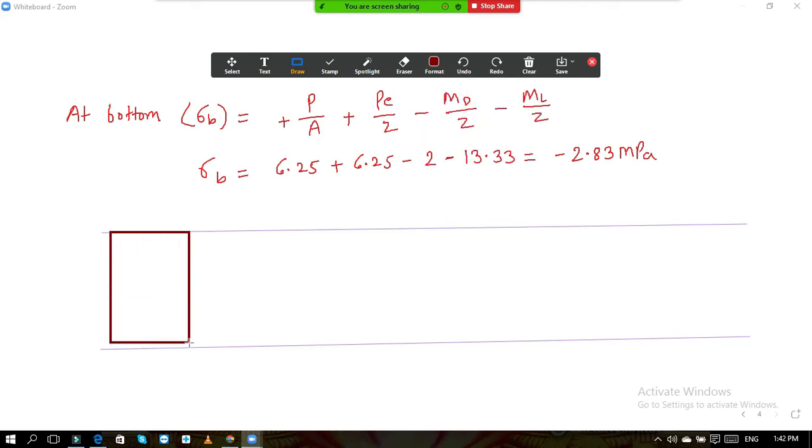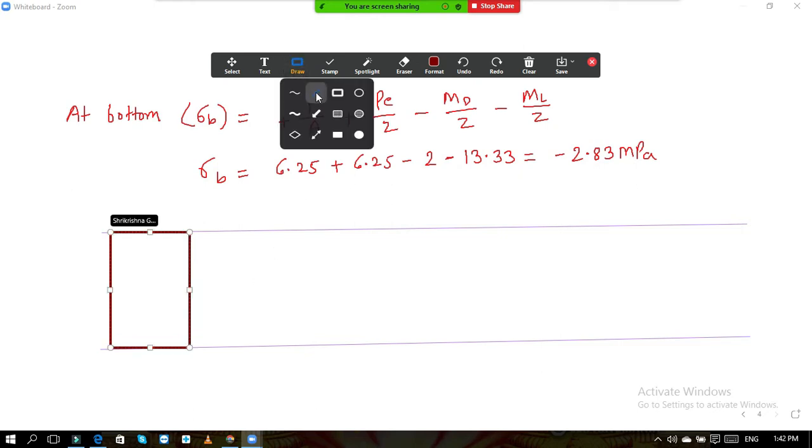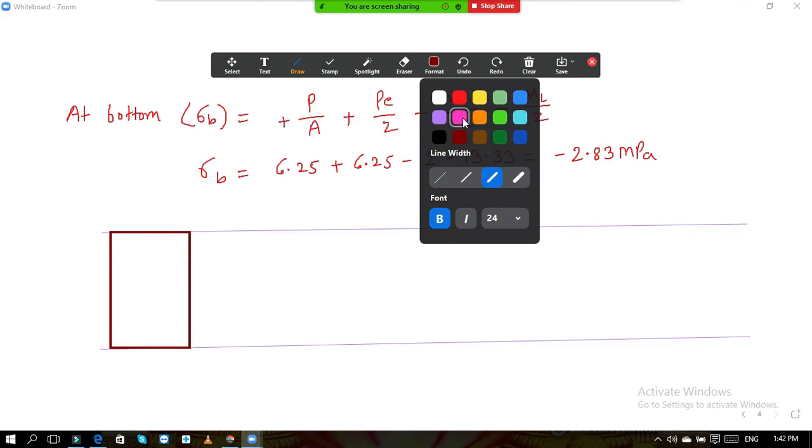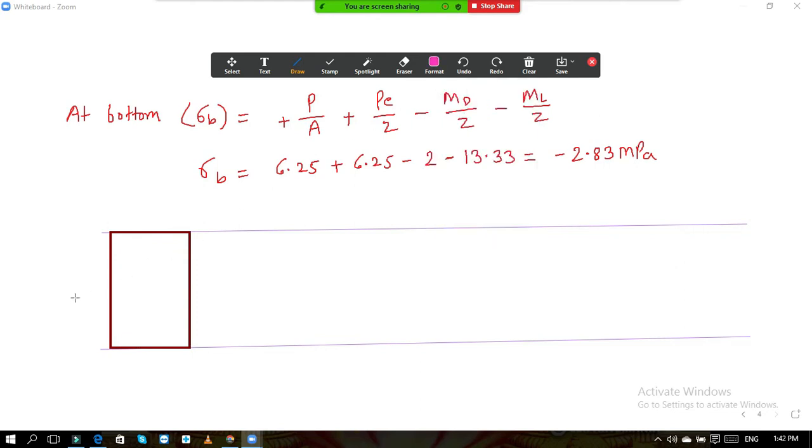This is the cross section of the beam. Then I will draw the position of neutral axis. So this is the position of neutral axis. Okay, this is our neutral axis.